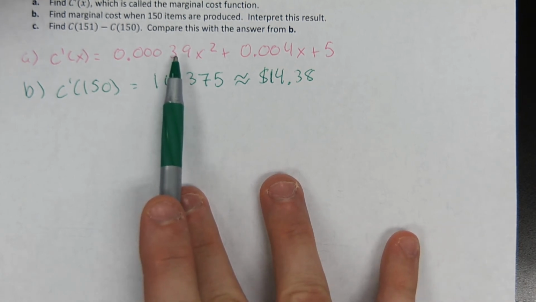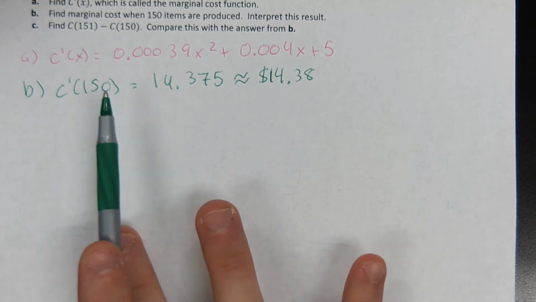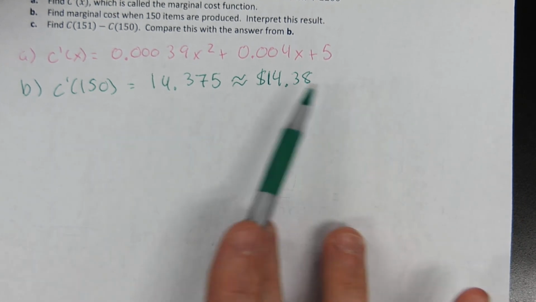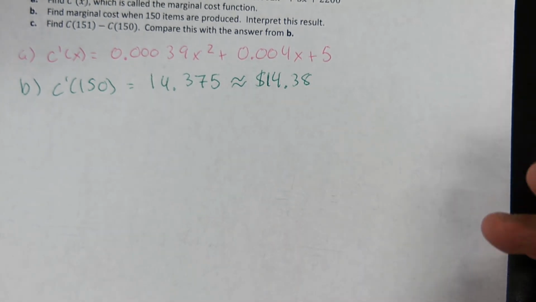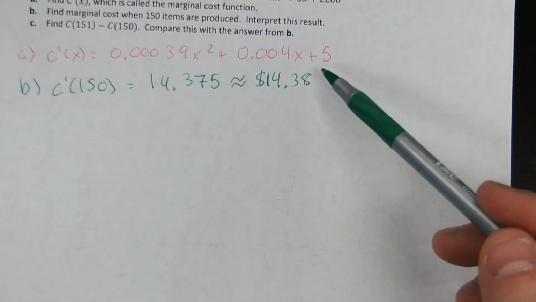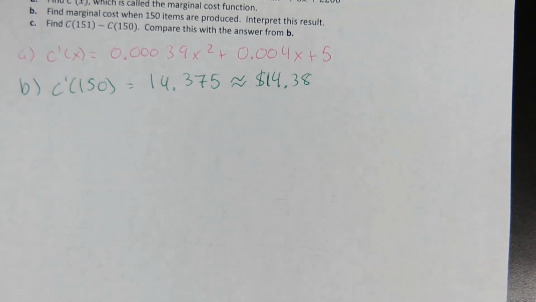The implication being, we are to the right of that minimum. This marginal cost is going to continue to go up for each item I produce, is what it's saying. And because it's a parabola, it's actually getting faster and faster and faster. I'm just telling all the things that are true because of derivatives. It's not part of the question.